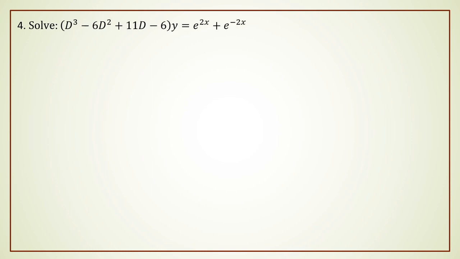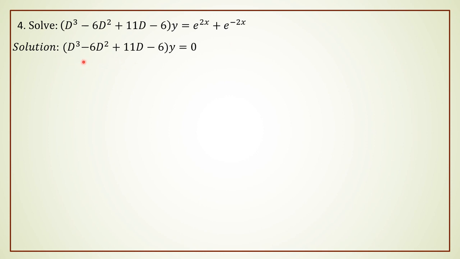Next problem, that is to solve the differential equation (D cube minus 6D square plus 11D minus 6) of y is equal to e to the power 2x plus e to the power minus 2x. So let me find the complete solution of it. First write the corresponding homogeneous differential equation.